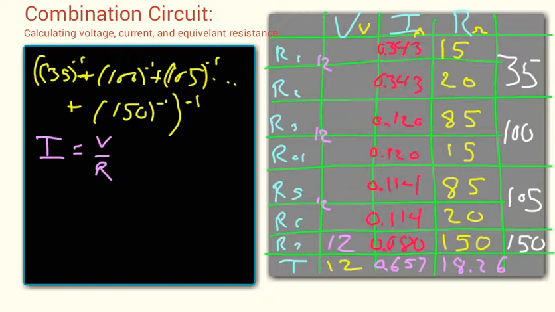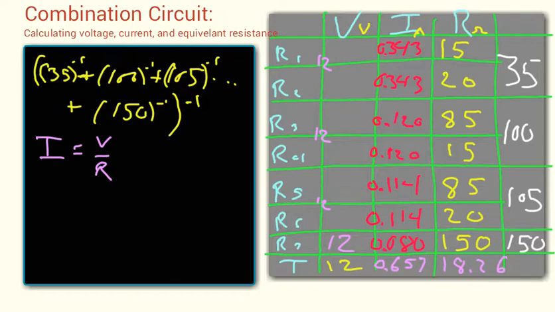And now I went ahead and completed the same process again. I took 12 volts and divided by the total resistance to that branch of 100 ohms and got 0.120, and we know that each resistor gets the same current because it's on the same line. And R5 and 6 get 12 volts, and with 105 ohms of resistance, each resistor gets 0.114 amps of current.